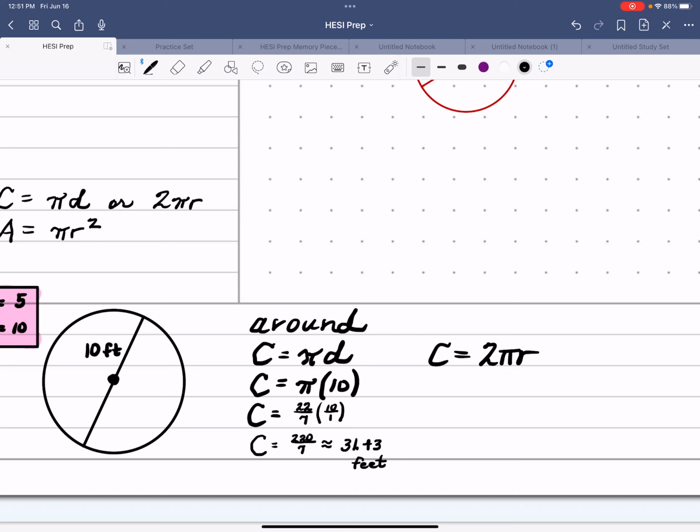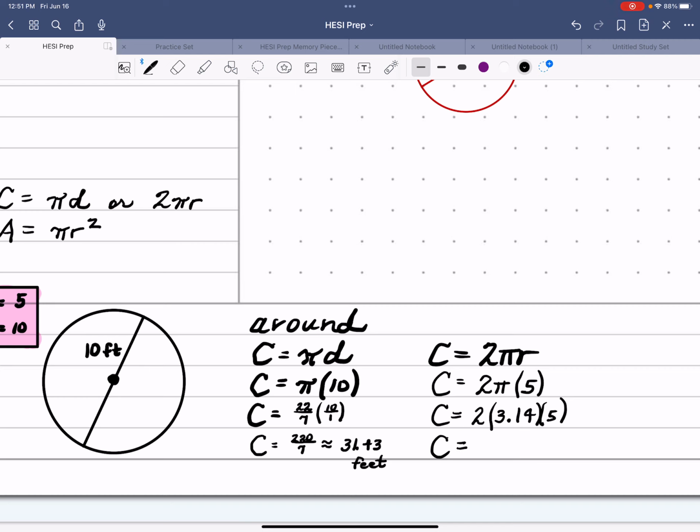Okay, if you want to use the other formula, you can certainly do that. You have 2 times pi times, in this case, r, which is 5. But what is 2 times 5? 10. So it's exactly the same thing. But this time, I'm going to use 3.14 for pi and just put it into my calculator.